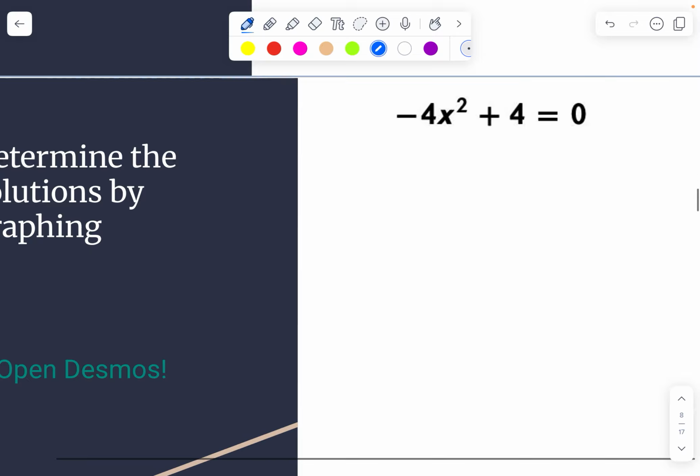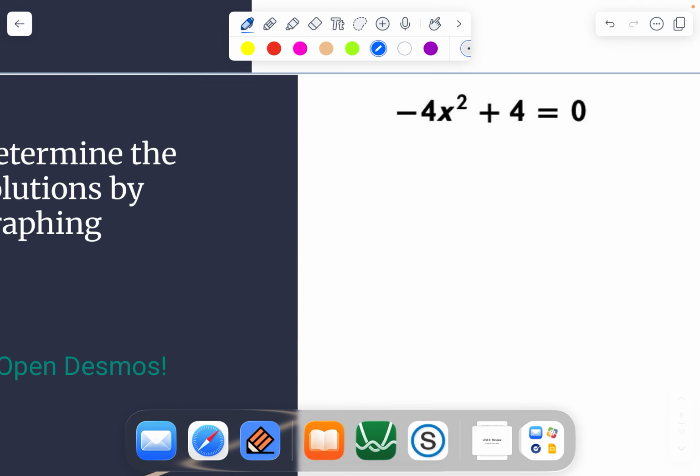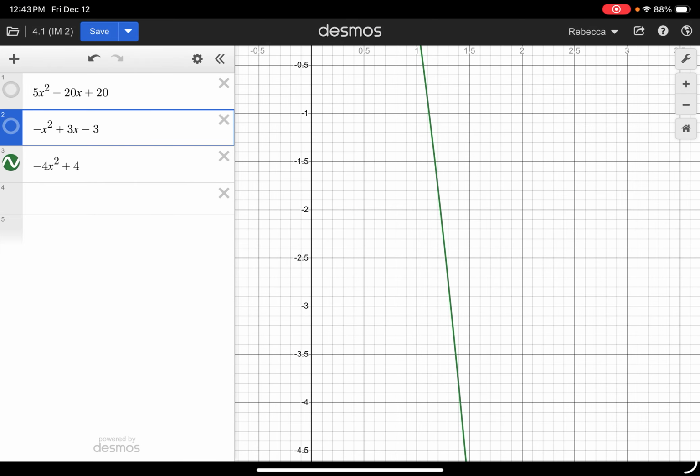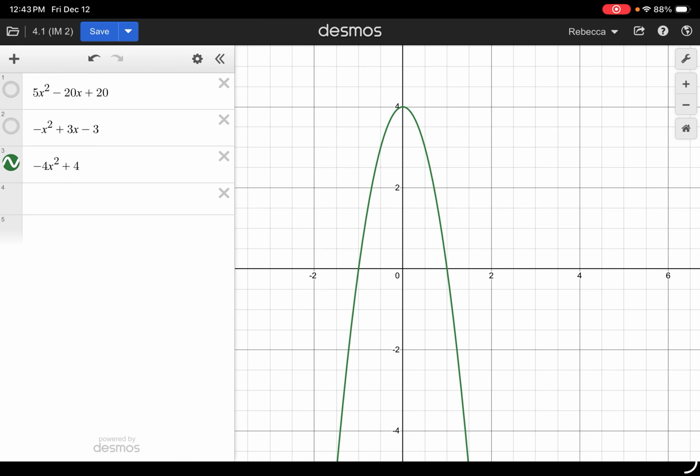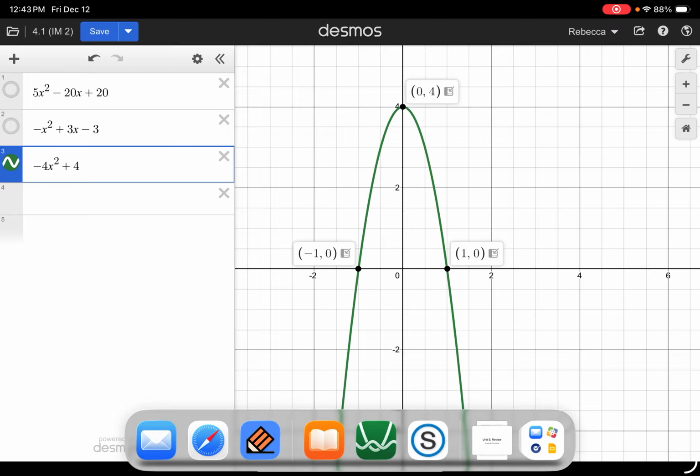Let's look at one more. Negative 4x squared plus 4. If I look at that graph, when I touch the graph here, the x-intercepts come up and the vertex comes up. This one has two x-intercepts at (-1, 0) and (1, 0), which means it will have two solutions.